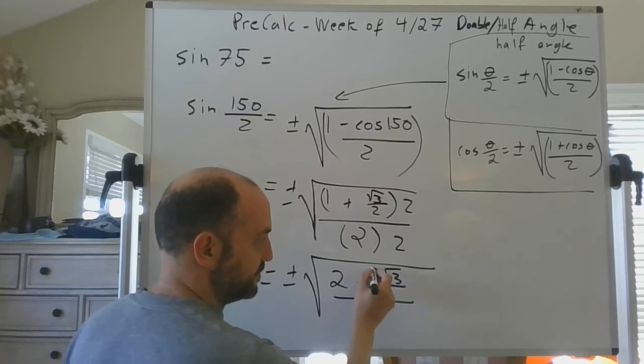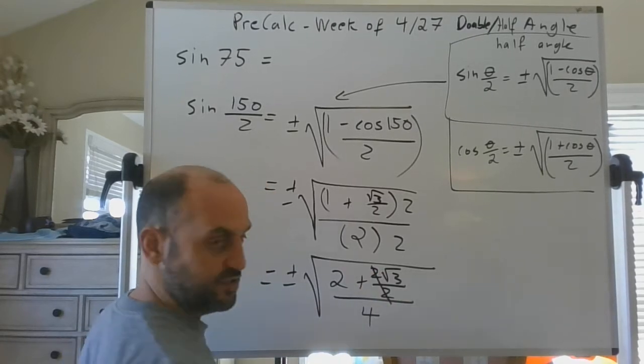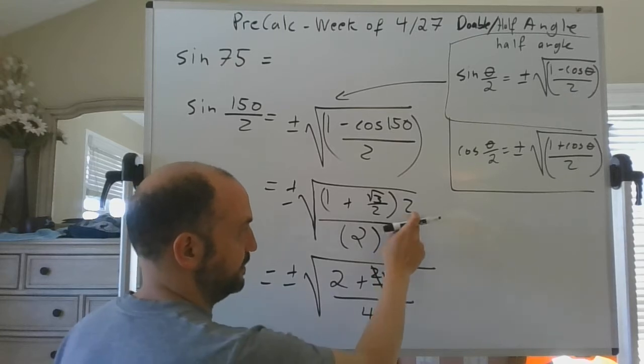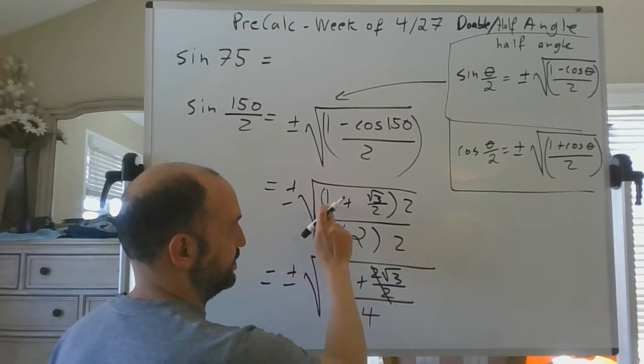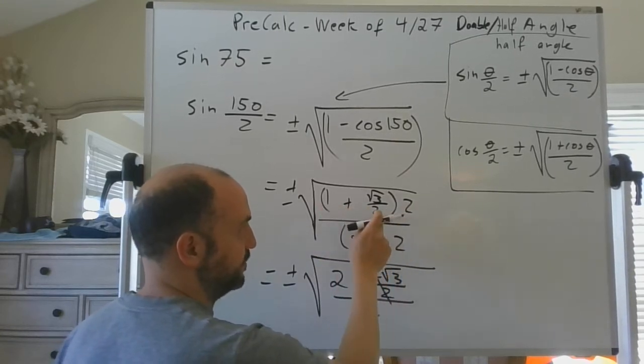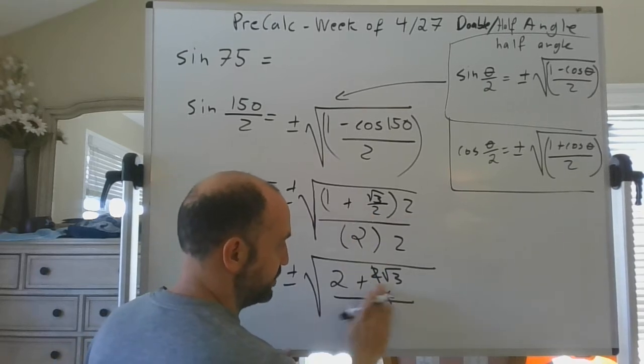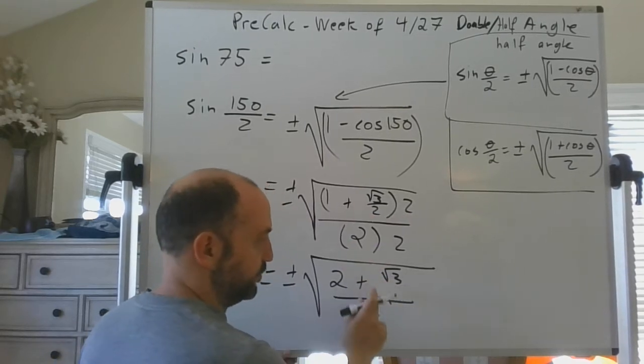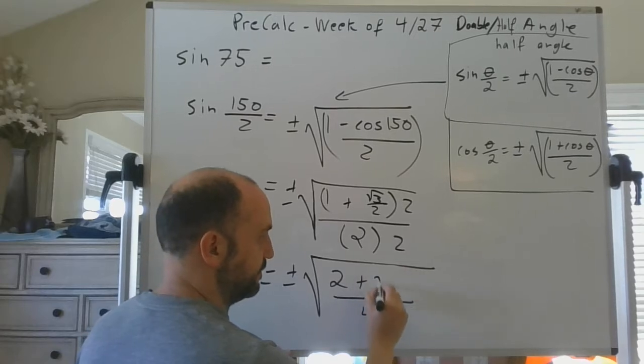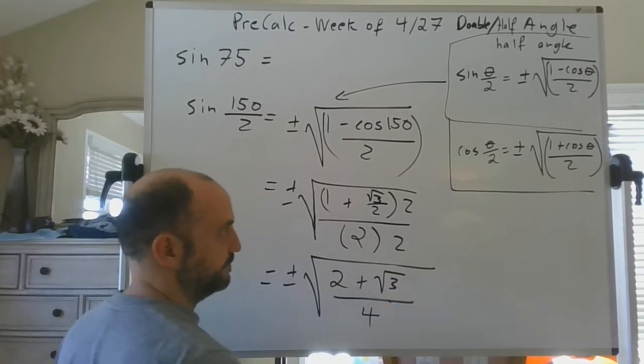And so what's going to happen is those 2's are going to cancel out. So it makes that a 2 plus, and then that 2 multiplied by 2 cancels out that 2. So you're just left with 2 plus root 3. I'm just going to rewrite that root 3. That's all you're left with.